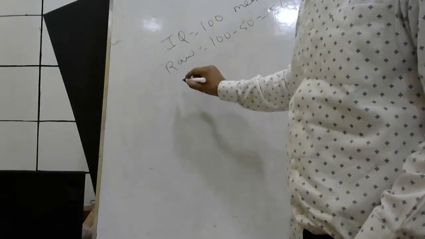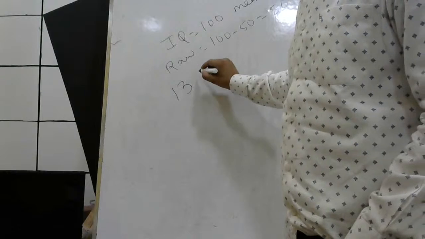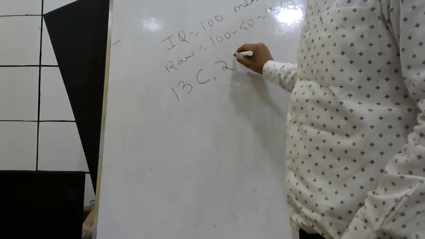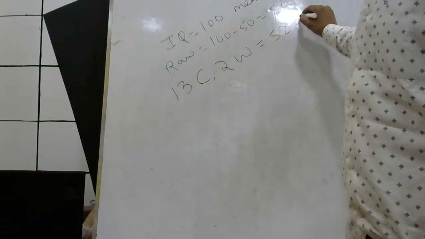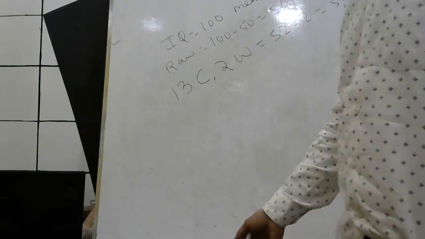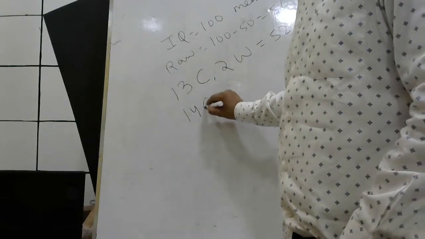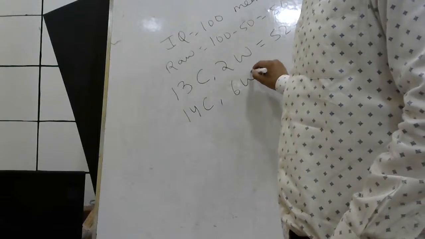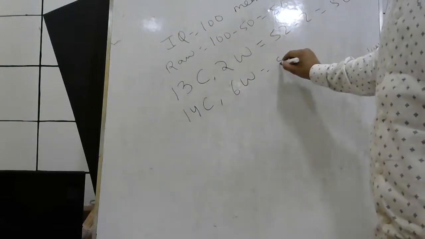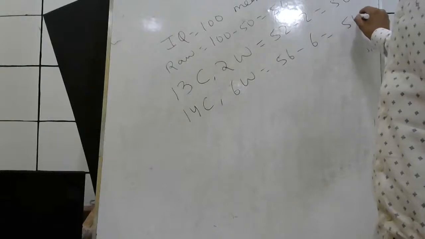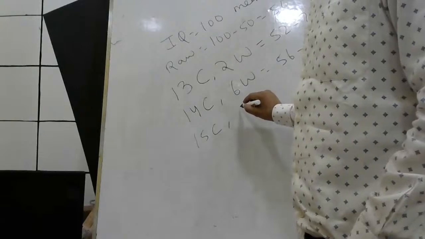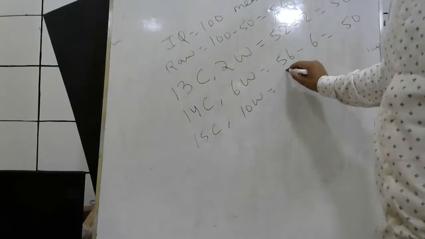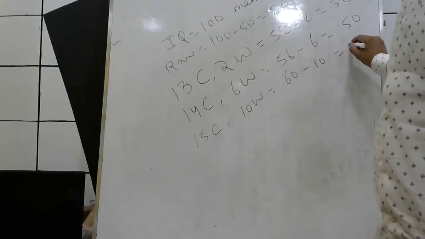In what way can we get 50? One of the ways is 13 correct, 2 wrong, which means 52 minus 2, which is 50. Another way is 14 correct, 6 wrong. So 14 into 4 is 56, minus 6 is 50. 15 correct, 10 wrong, which means that 60 minus 10 is 50.